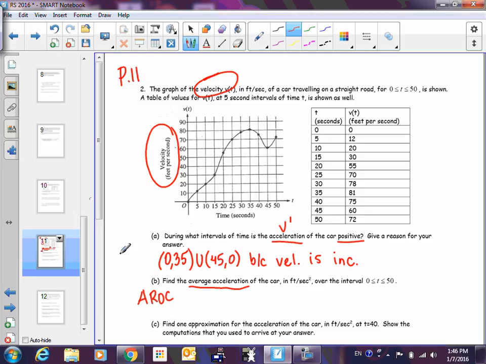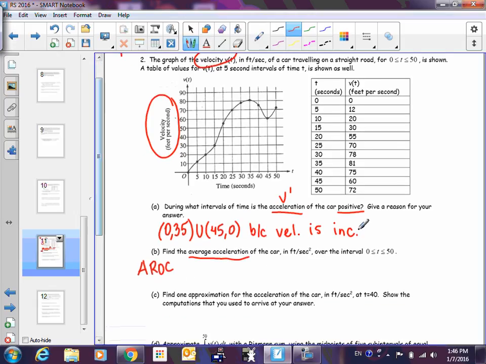Slope. We do slope. All right, so they tell us the interval to choose. We're going to do velocity at 50 minus velocity at 0, so change in velocity over change in time. This is just the slope formula, the same as y2 minus y1 over x2 minus x1.